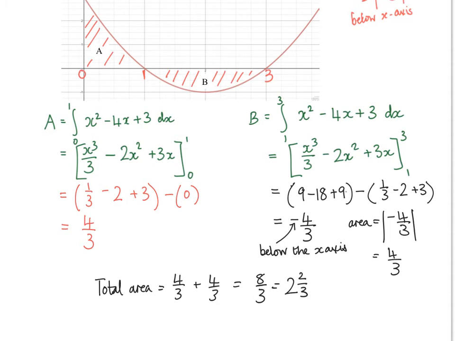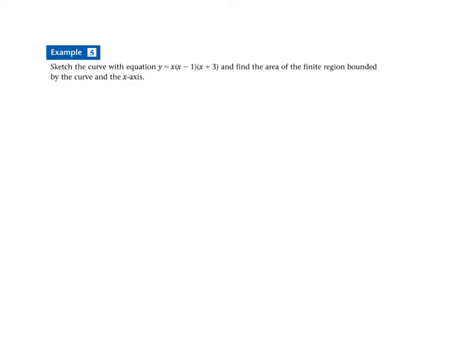Right, let's look at the next one. You may or may not be given the curve, and the next example is one where you're not given the curve at all. So we're going to have to multiply it out at some point.